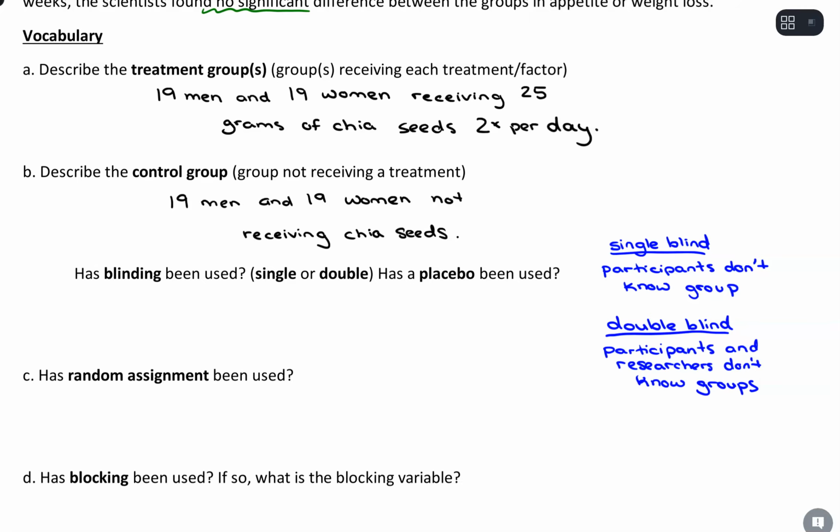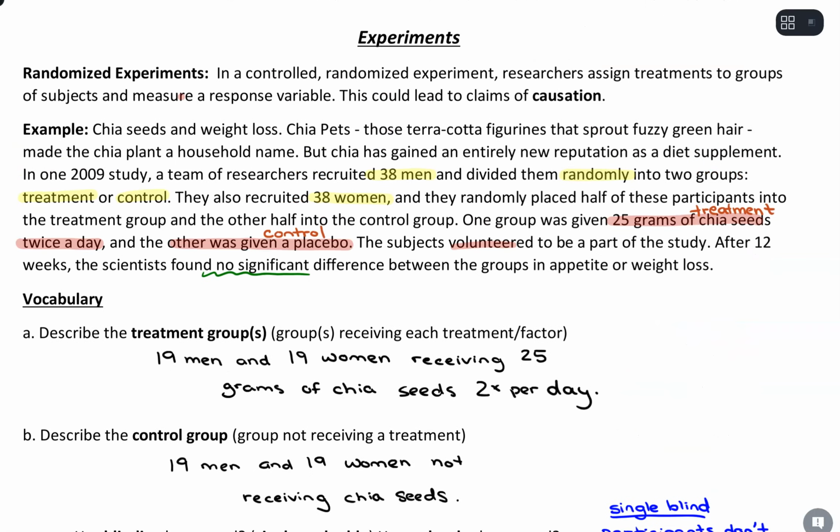So for this study, if we go back to the wording, it doesn't describe anything. Often there will be a sentence like the participants didn't know which group they were in, or the participants and researchers didn't know how the groups were divided, something like that. This doesn't have any of that. It doesn't necessarily mean that blinding wasn't used, because there's a placebo.